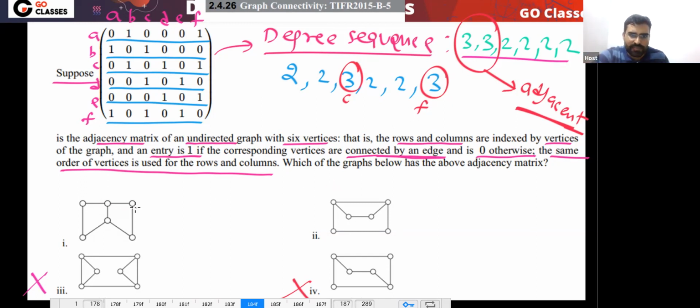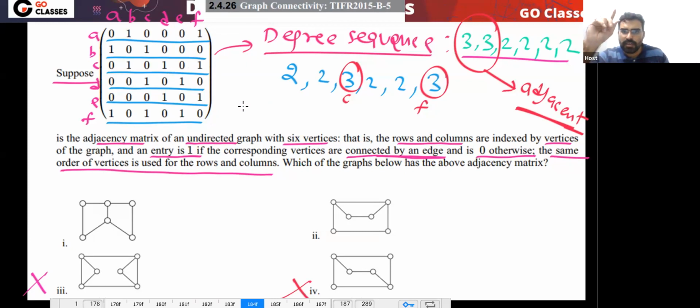Let's see some difference between structure 1 and structure 2. Is there any difference or not?